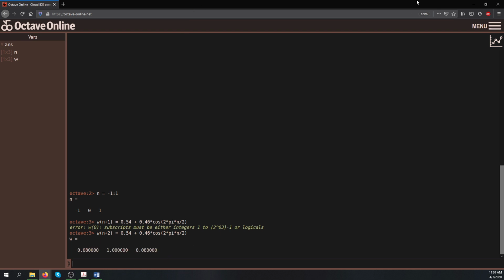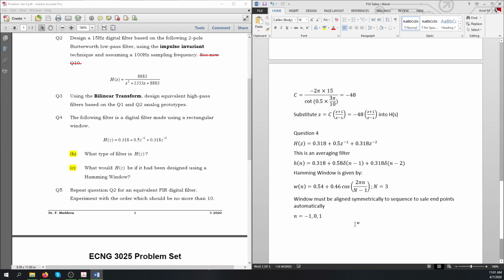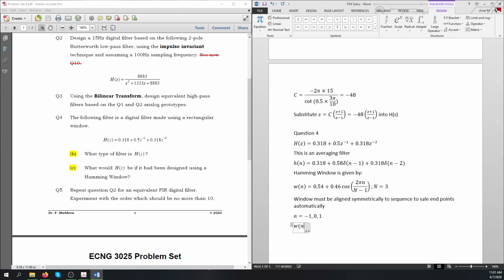So if we minimize this, it means w of n here is equal to 0.08, then 1, then 0.08. And then the next step will be h of n multiplied by w of n. And this basically means that we take each one of these coefficients here, so this first one, the second one, and this third one here, and we multiply them accordingly by the w of n coefficients as well.